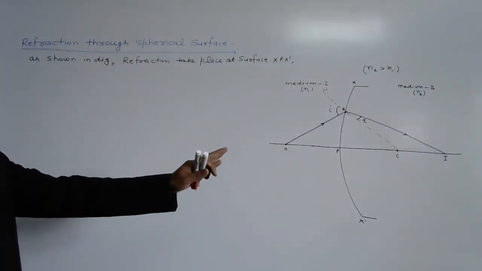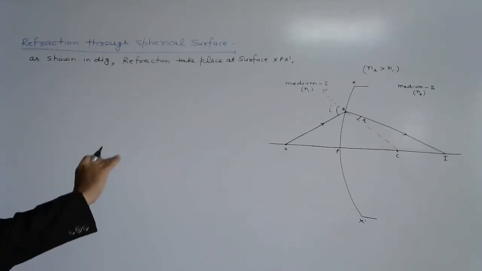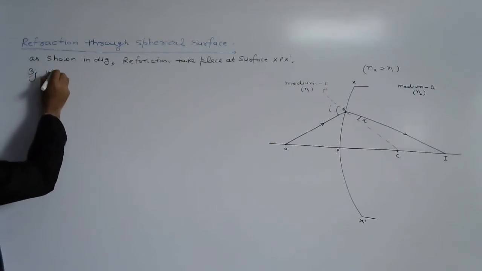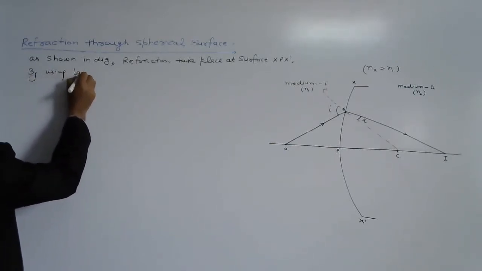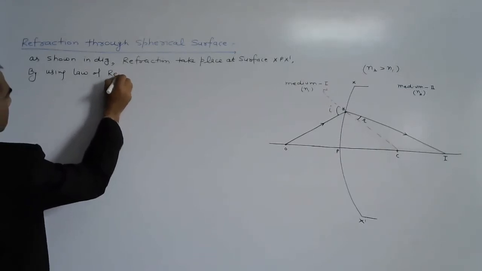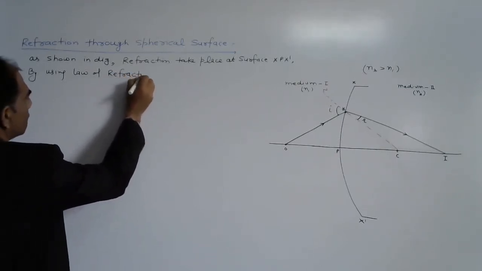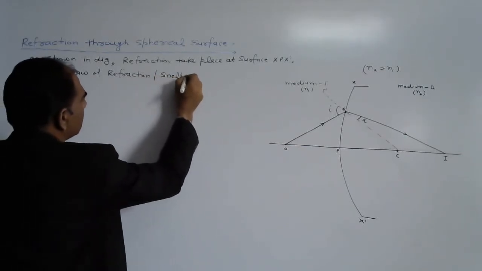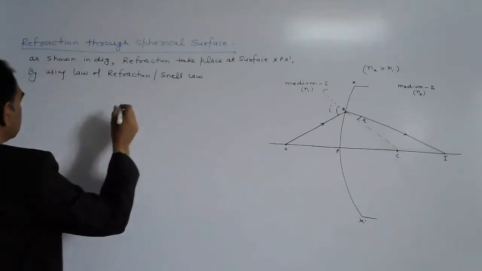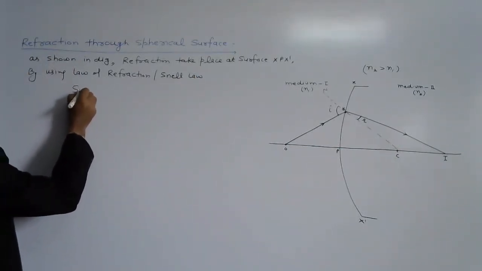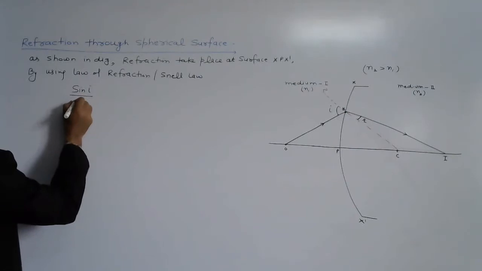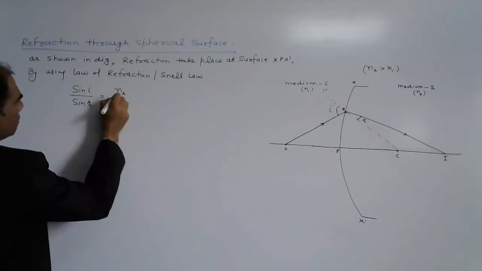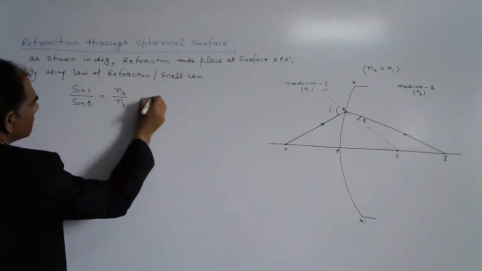Here refraction takes place at the surface when light goes from one medium to another medium by using the law of refraction. Law of refraction means Snell's law. And Snell's law says that sine i upon sine r is equal to n2 upon n1. This is Snell's law.